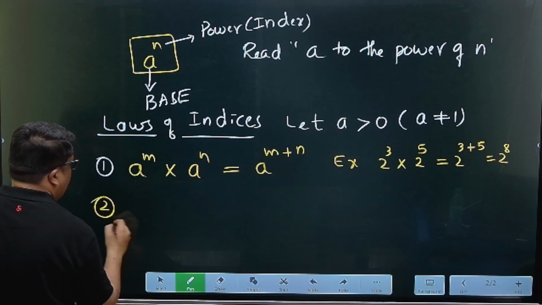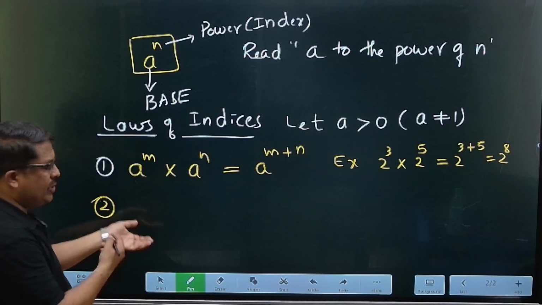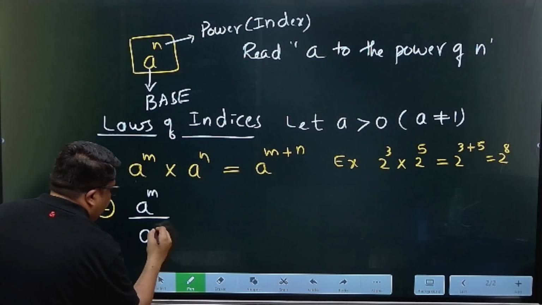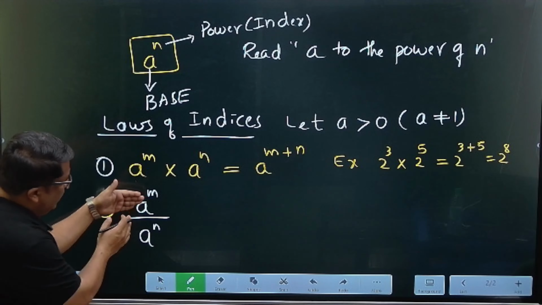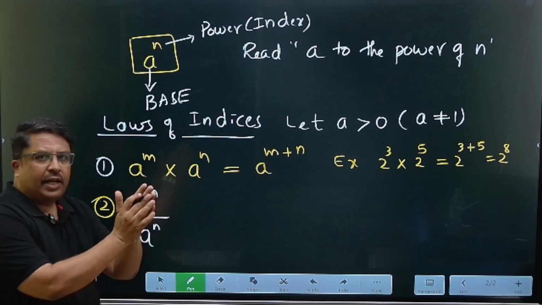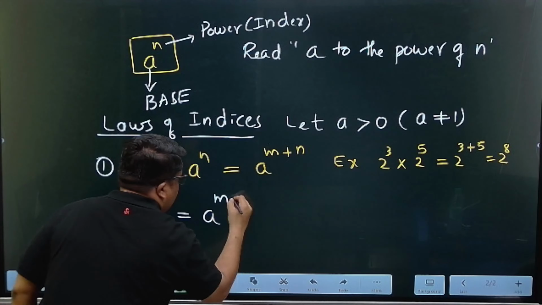Second law is about division, whereas the first was multiplication. If two terms are divided whose bases are same but indices are different, then you have to subtract the indices.